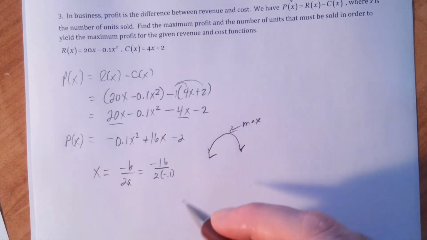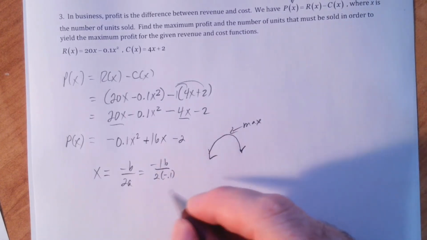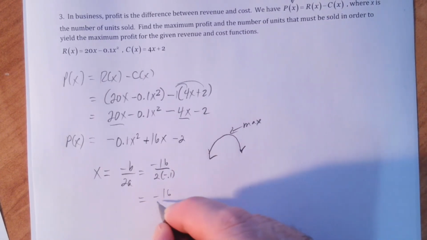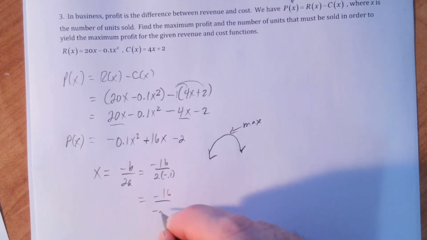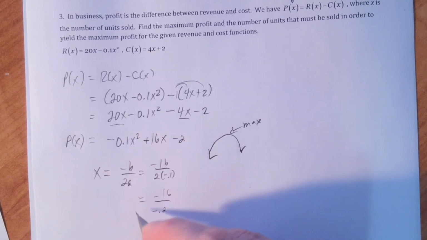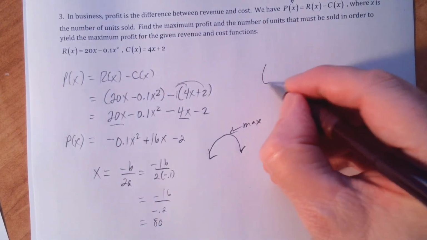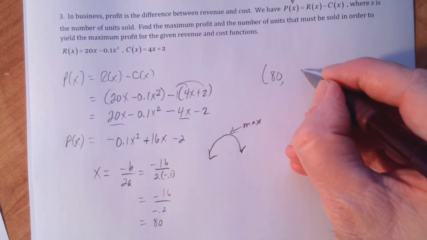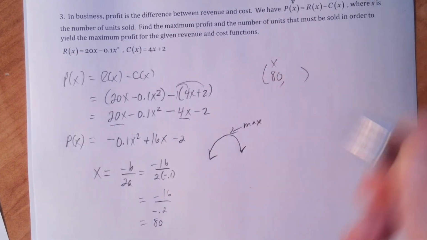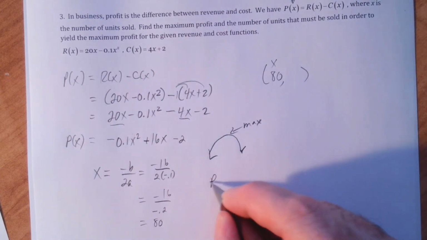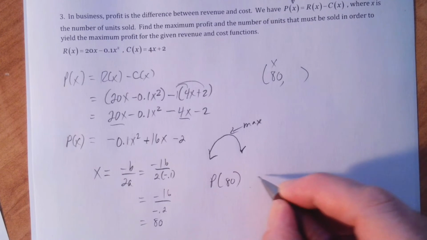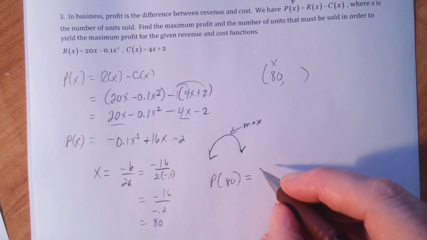And you should get 80 when you divide that. You're going to basically have negative 16 divided by negative 0.2, and you get 80. And so our vertex is 80, which is our x value. If we find P of 80, that'll give us our maximum profit.